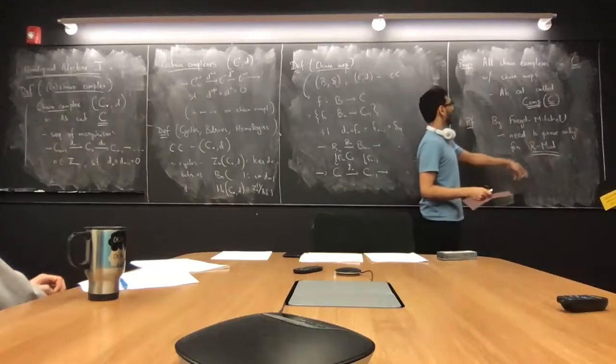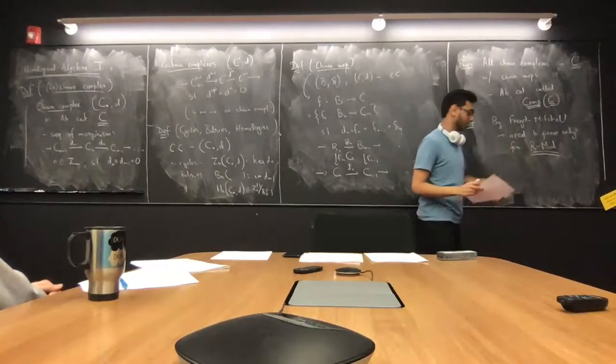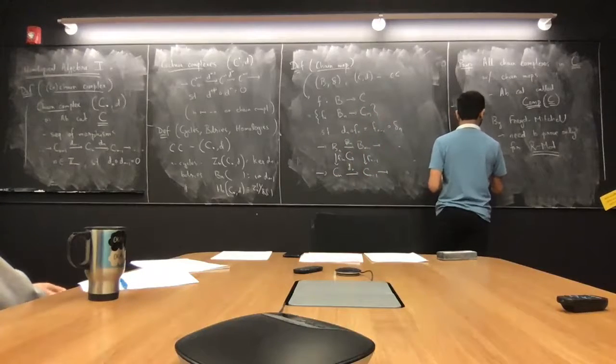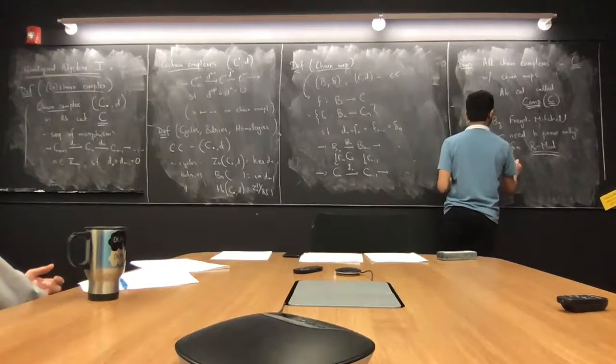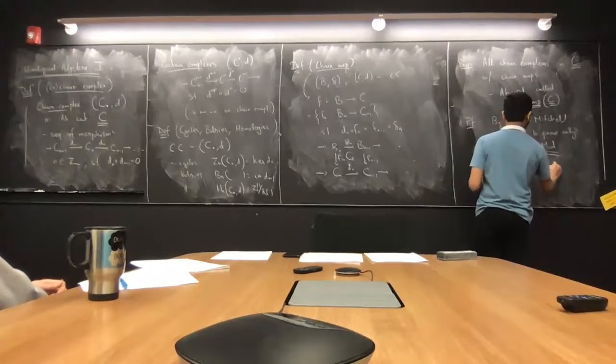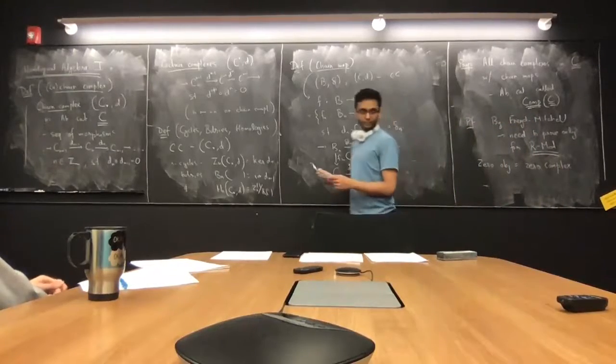And in this, for C equal to R-Mod, this structure is kind of obvious. So the zero object in Comp(R-Mod) is the zero complex.